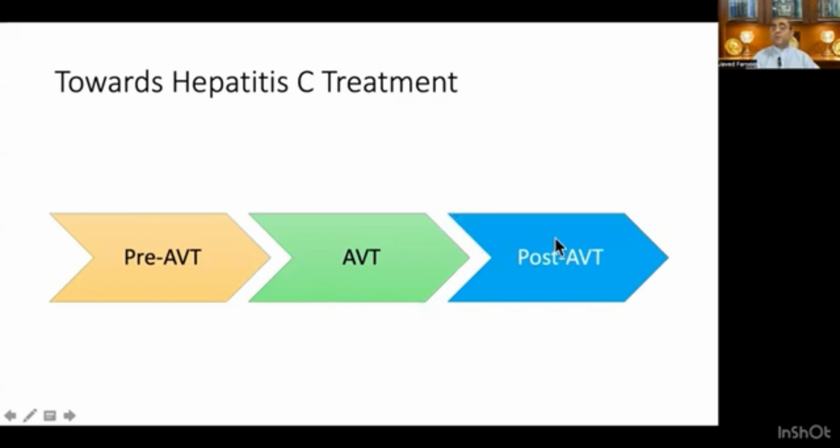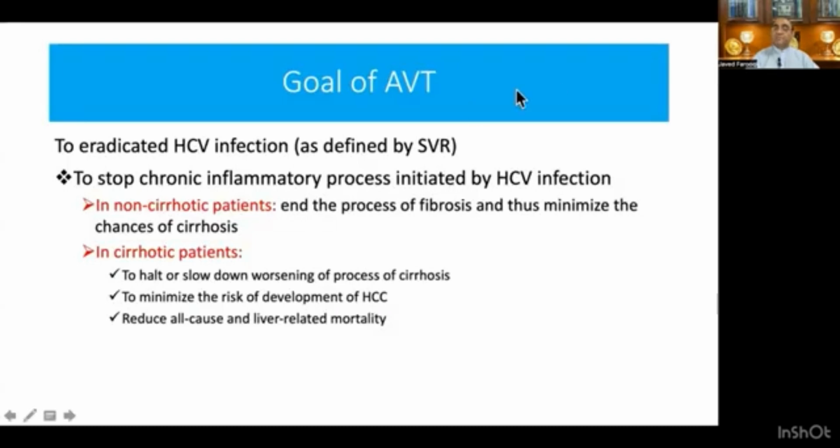Now coming to the third component, that is the post antiviral treatment, how to go about it.